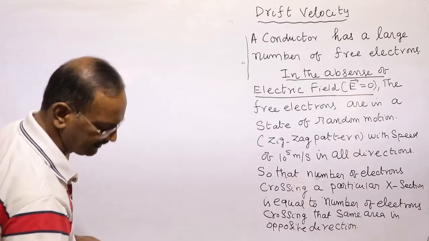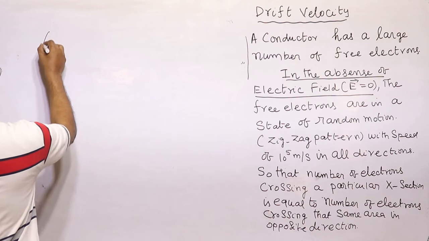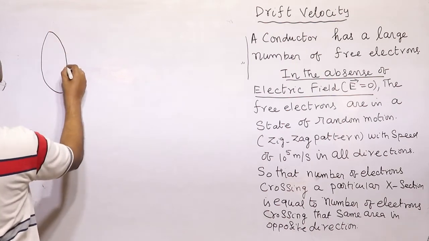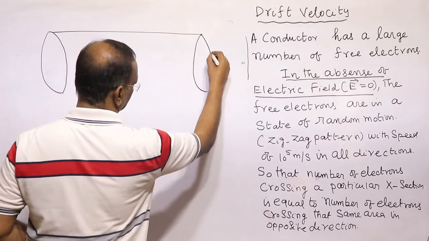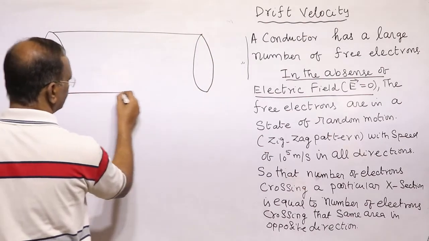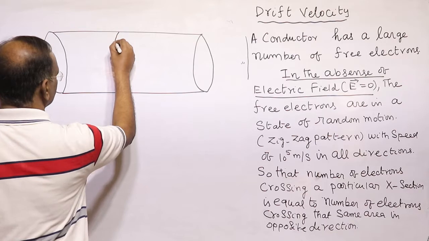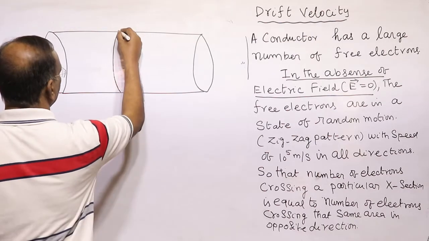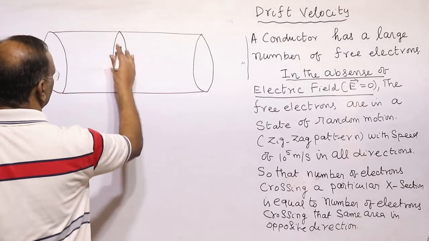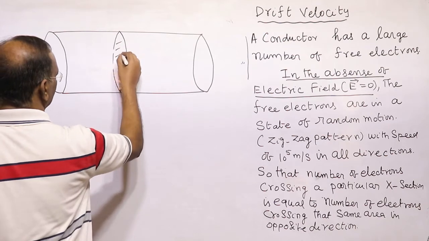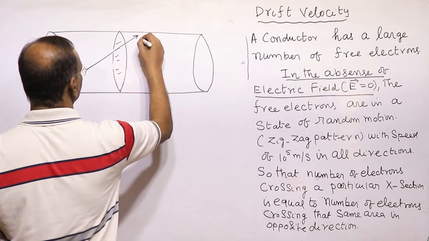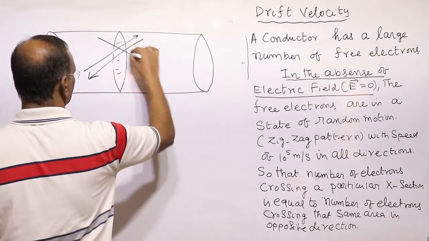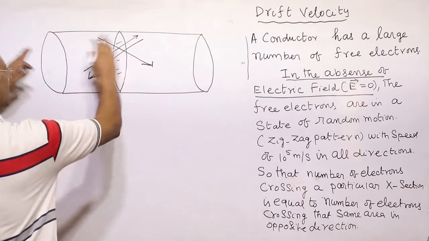Let us take this wire, because it is in cylindrical shape. We take any cross section of this wire. The electrons will be moving like this, one will move like this, one will move like this, throughout the conductor.